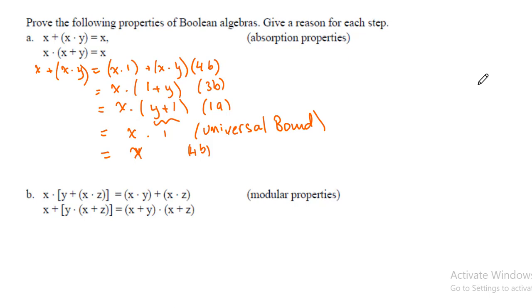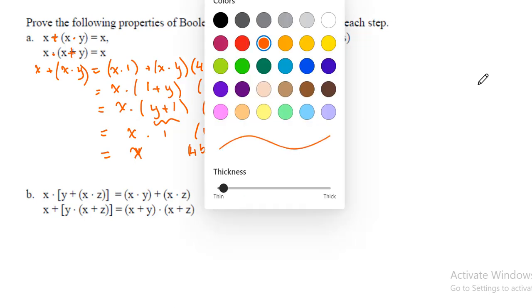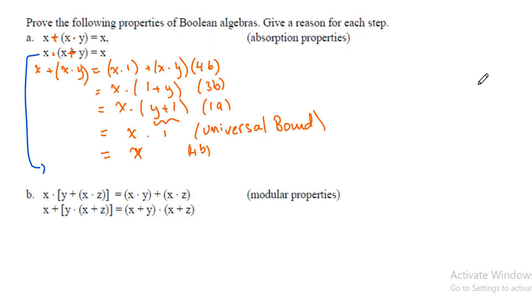Well, the second one, as you see, a plus becomes a dot, and a dot becomes a plus. So I don't need to do the proof again. All we could say is that x dot x plus y equals x is true by duality.